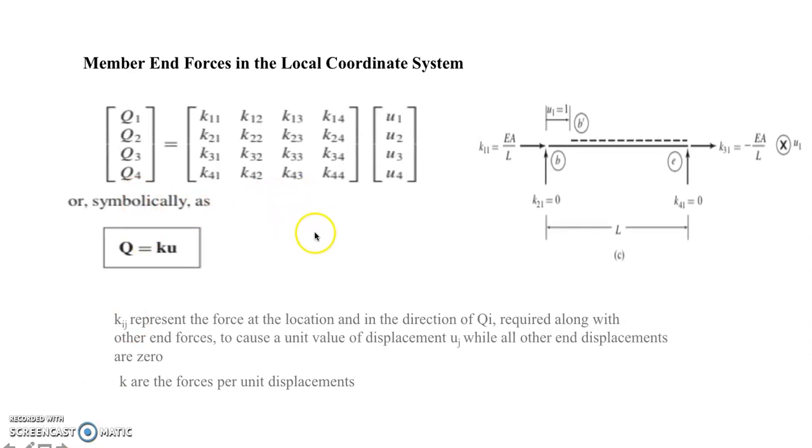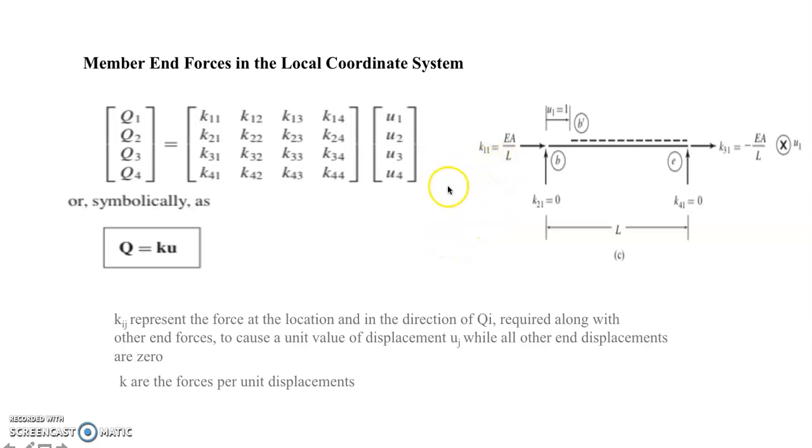Such relationships can be conveniently established by subjecting the members separately to each of the 4 end displacements, as shown in figure C. We have to take note, for every member there would be member stiffness coefficients denoted by K. Member stiffness coefficients K are the forces per unit displacement. They represent the force at the location and in the direction of Q required, along with other forces, to cause a unit value of displacement U, while all other displacements are 0.